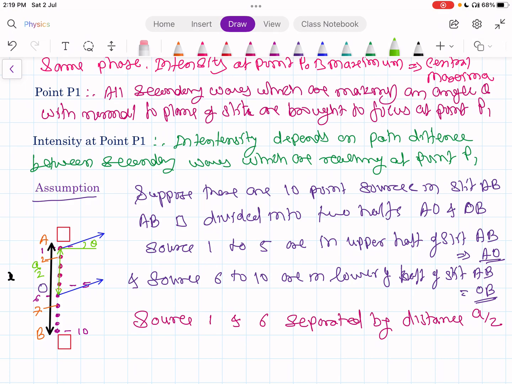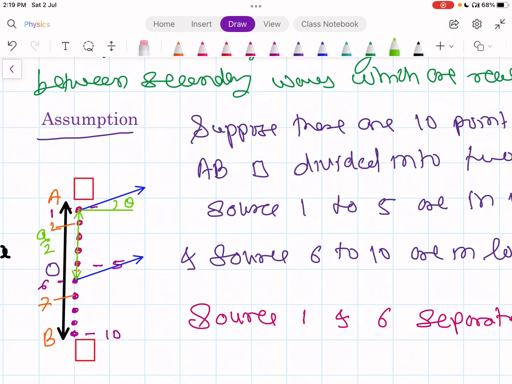This is the first secondary wave which is emitted from the source 1 and this is the second secondary wave which is emitted from the source 6 at an angle theta with normal to the plane of the slit.